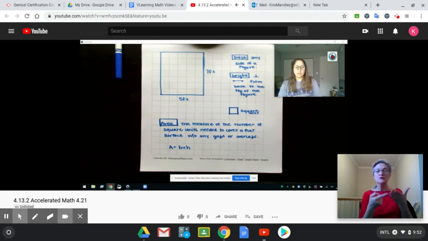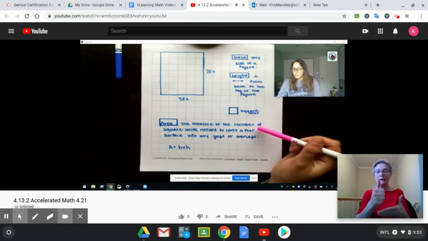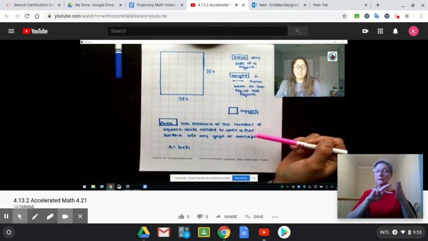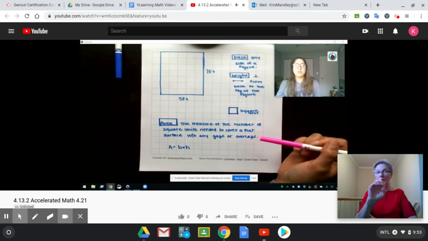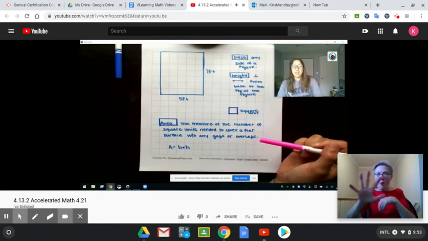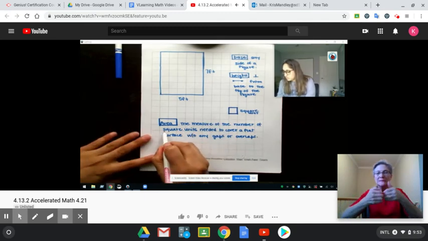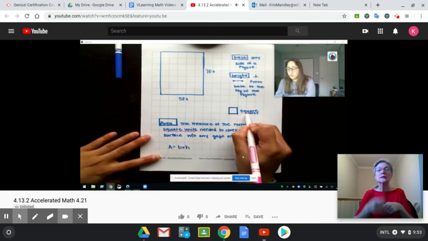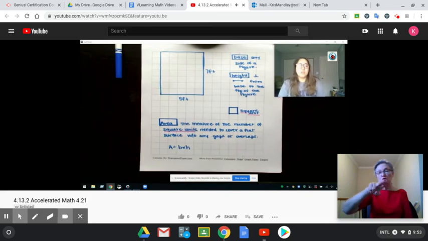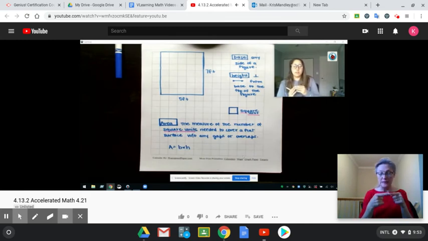Now, let's actually talk about the definition of area. The mathematical definition of area is that it's the measure of the number of square units needed to cover a flat surface without any gaps or overlaps. And there's another word in there that you need to really understand, square units. Square units is any unit that has a length and a width that are the same, that are one.